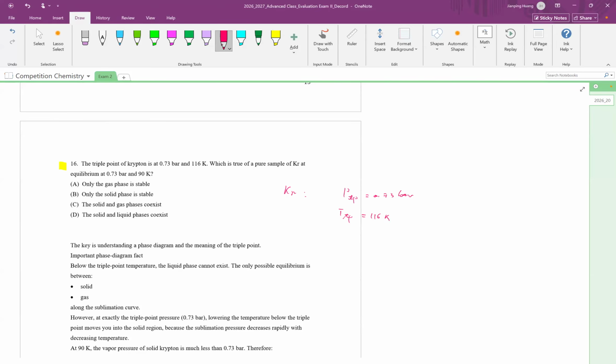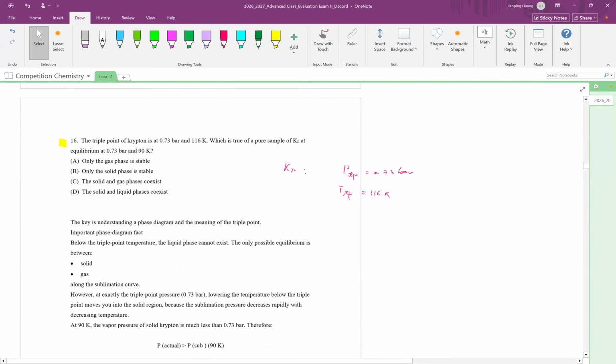At the triple point, what happened? This question is related to the phase diagram and the triple point. At the triple point, the P equals this and the temperature is this. Now what is the condition? Here's the condition: the temperature is lower. So 90 K is lower than 116.